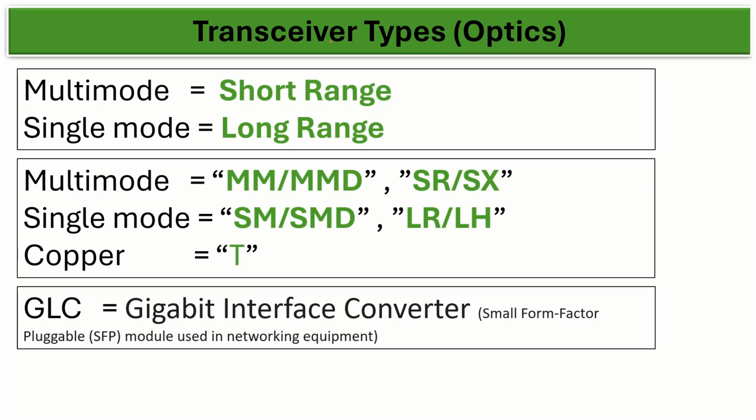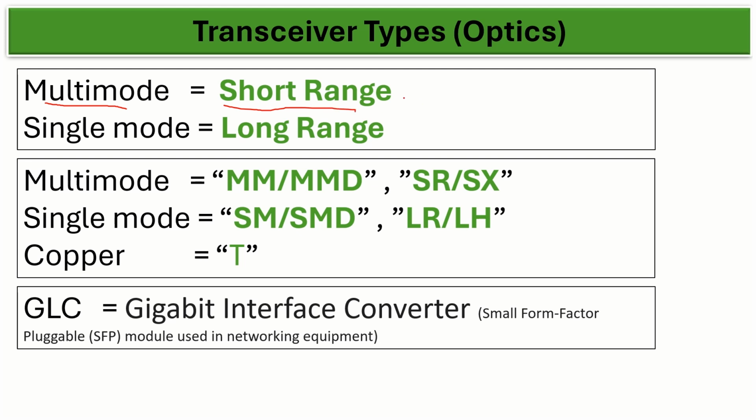Next, the transceiver types. Basically, the transceiver type, the SKU, has some features, and that is what we'll talk about, which help us identify the transceiver or optics type. Now, the standard rule of thumb is that multi-mode is for short range, that is, where a shorter distance is required.